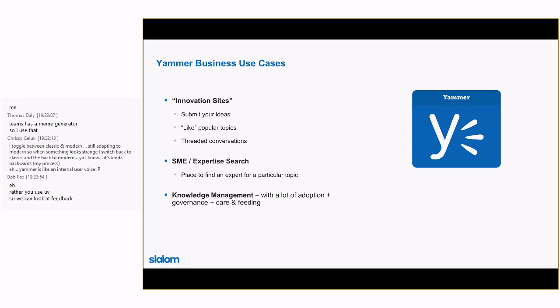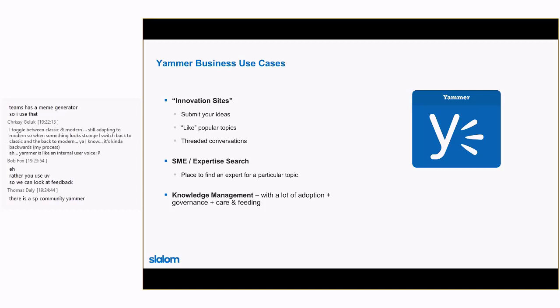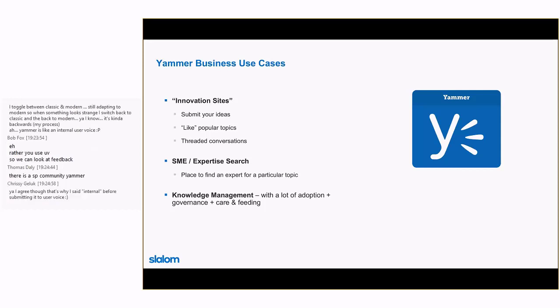And then knowledge management is the other thing, and I don't want to drill into that too much, but again, with the right amount of adoption, caring, and feeding, that's been another use case for Yammer: being able to share info with a lot of people, or being able to capture that tribal knowledge and put it in an area where people are able to reference it later on.